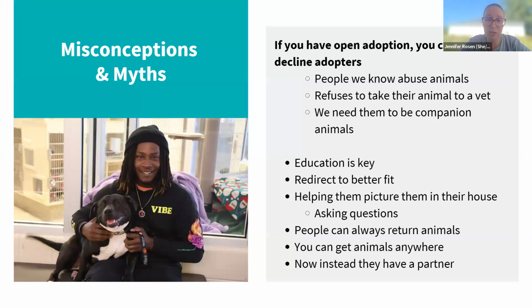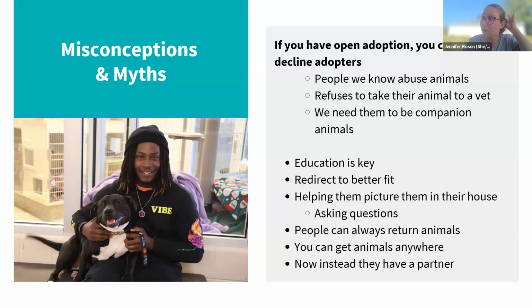And if they are not being honest, again, which is rare, it's because they've already had some sort of experience where they feel like they can't trust the shelter because they will be declined from getting an animal. This is a lot of why open adoptions exist and why we choose as an organization to take this route because it goes along with our core values.